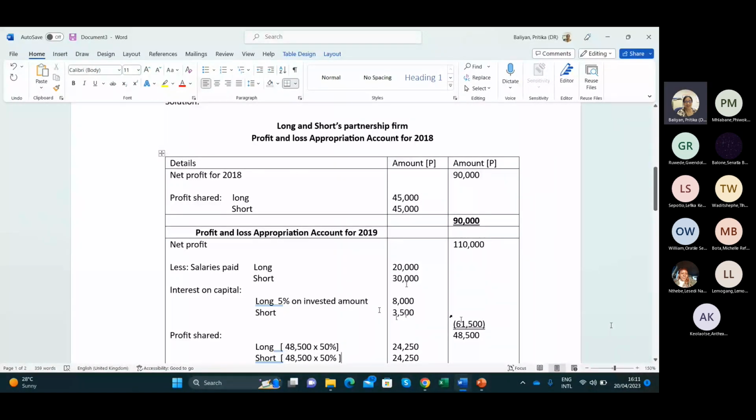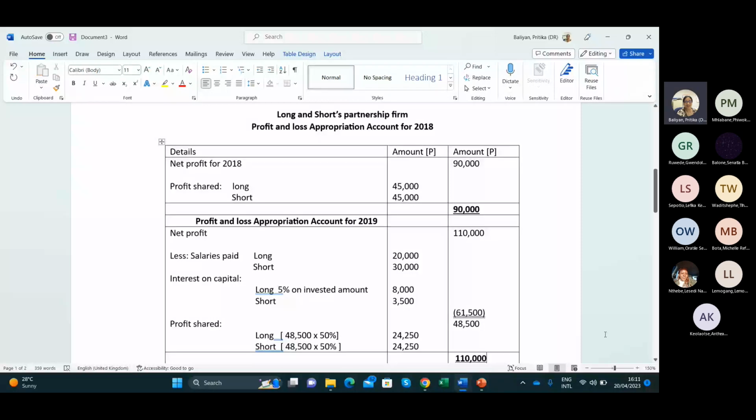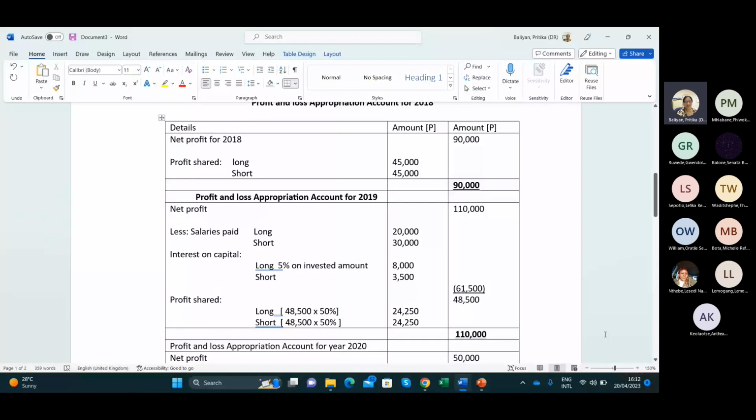Subtract 61,500 from 110,000. So the remaining profit is 48,500. This 48,500 has to be shared equally among the partners, so 50% will go to Long and 50% will go to Short.